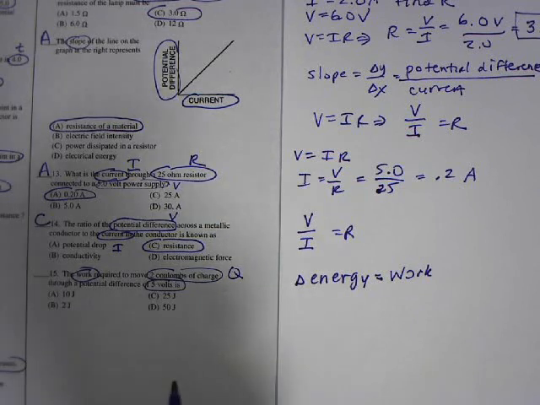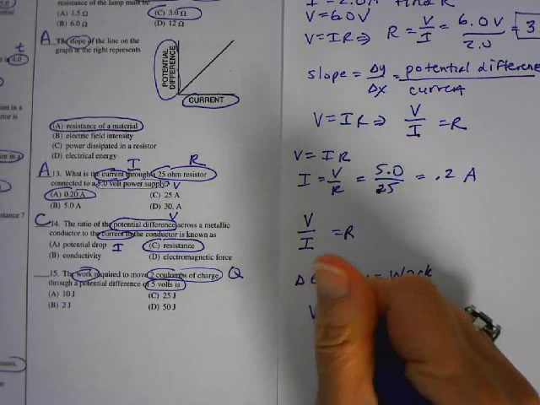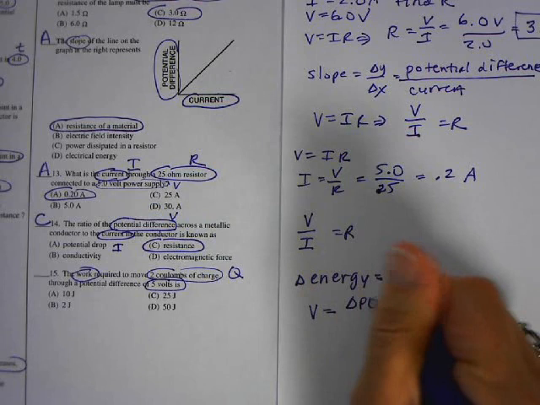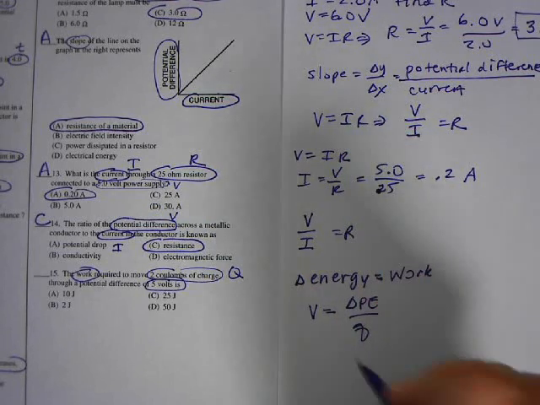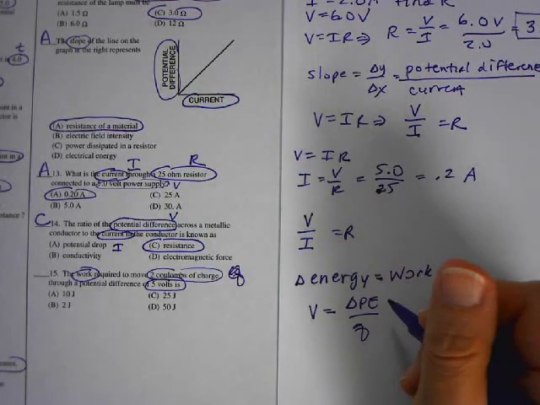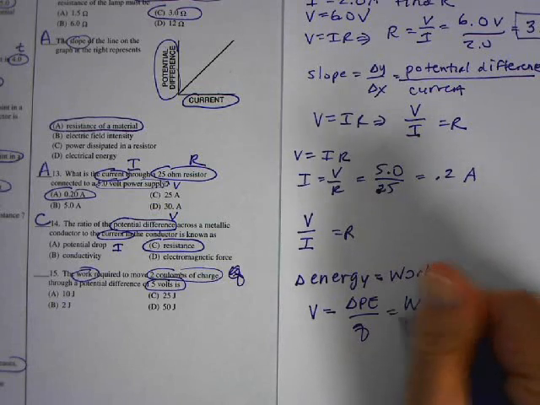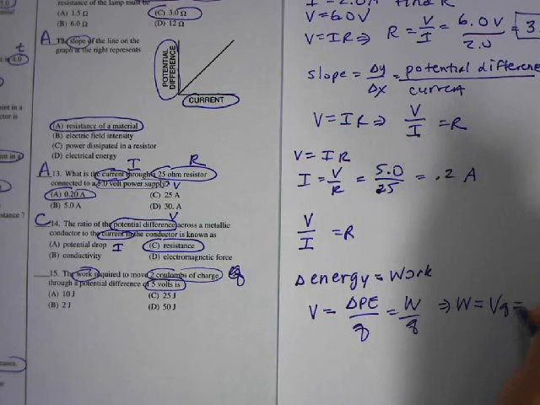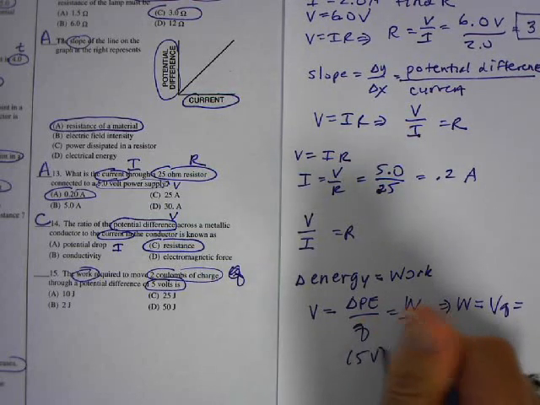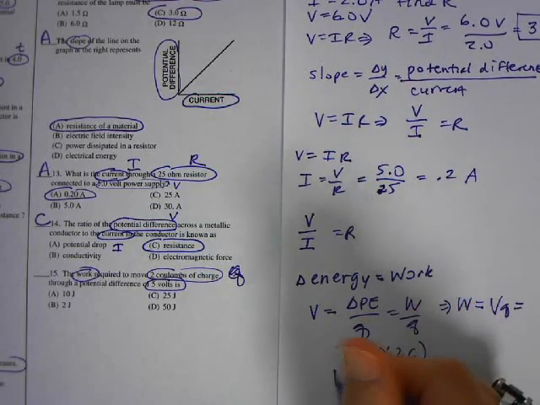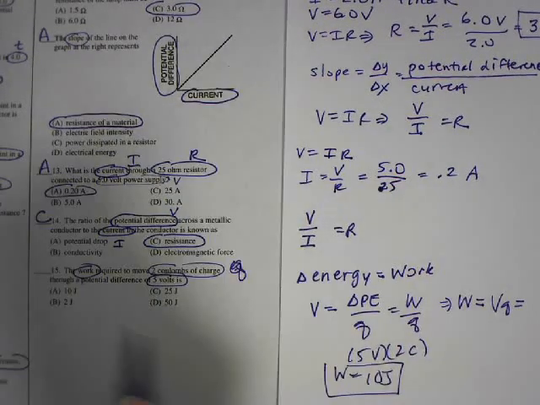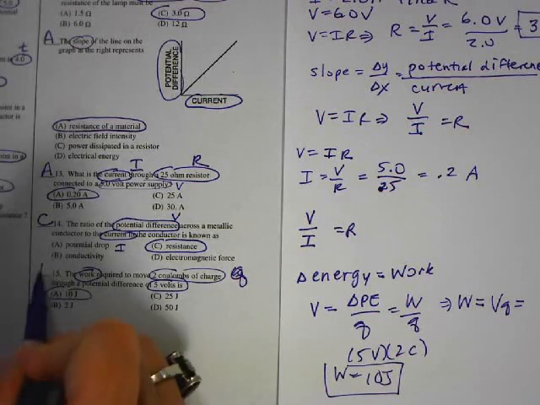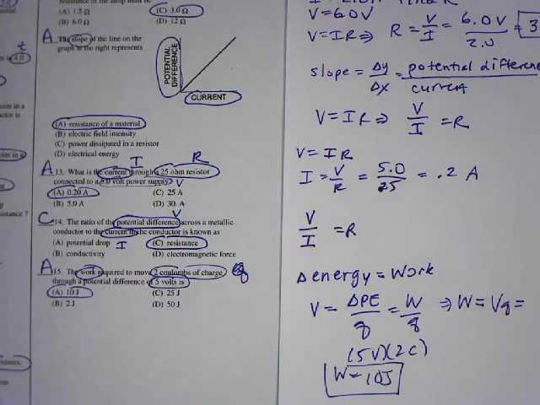So V is equal to delta PE over Q, which is W over Q. So W is equal to VQ, which is 5 volts times 2 coulombs, so 5 times 2 is 10. And again, most of these problems, the numbers are simple that you can do the math in your head. Okay?